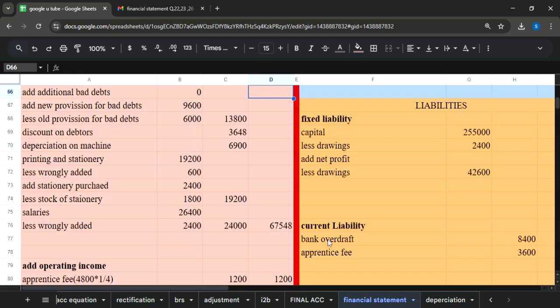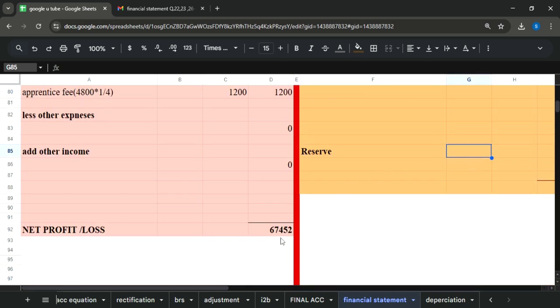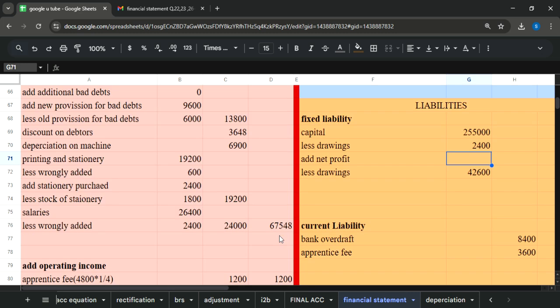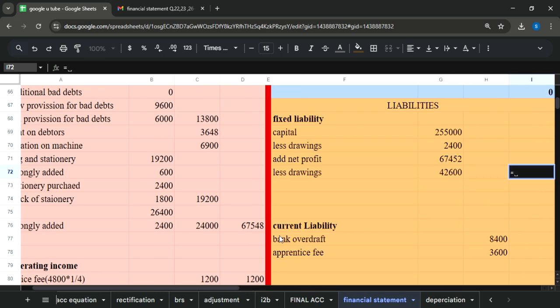We will now be focusing upon the liability side, and here our net profit was 67452. You will mention it in the liability side. It means we can calculate our final amount of fixed liabilities, where capital less drawings and add net profit, then again subtract drawings, final amount of fixed liability, because no other fixed item is present in this side.